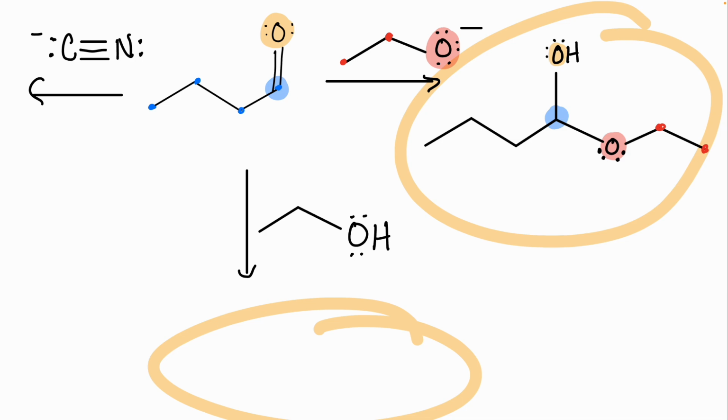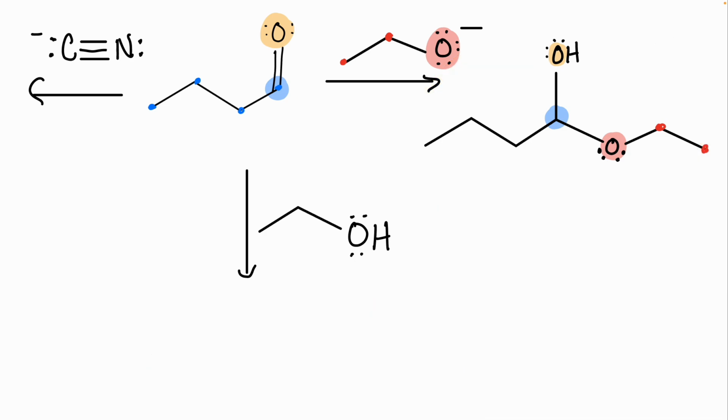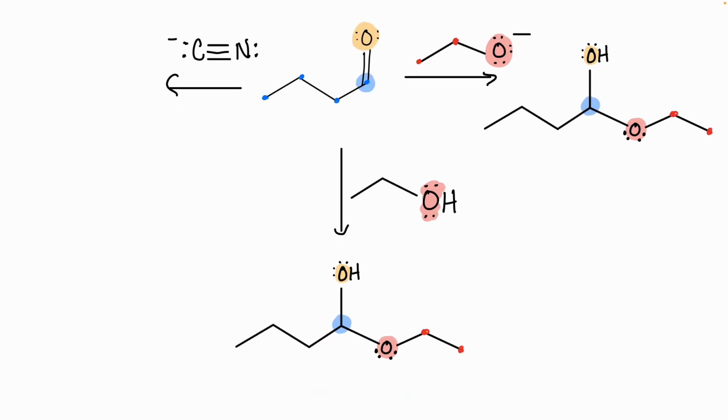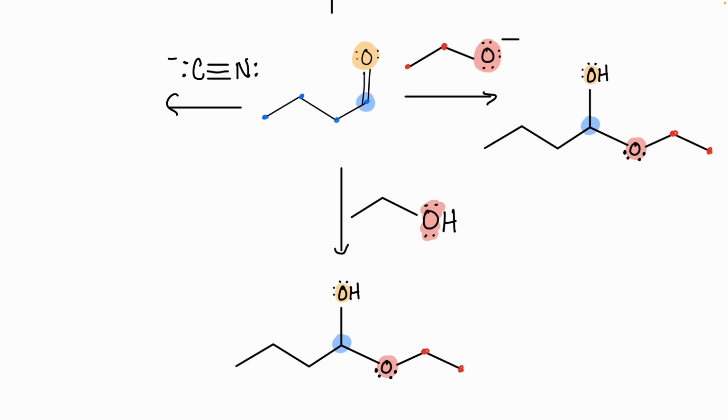We only got one possible electrophilic site in an aldehyde or ketone. So my oxygen is going to do the same thing, it's going to attack, but since it's a neutral nucleophile, it's going to lose a hydrogen in the process, and I will get the exact same product, right? So whether I choose that basic nucleophile or its equivalent acidic nucleophile, I'm going to get the same product for aldehydes and ketones because we only got one electrophilic site.